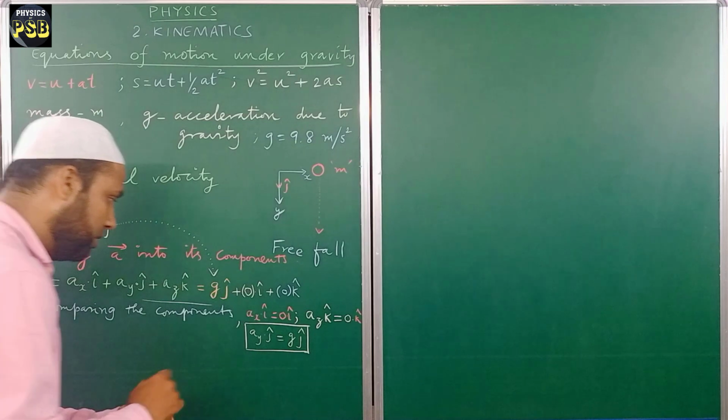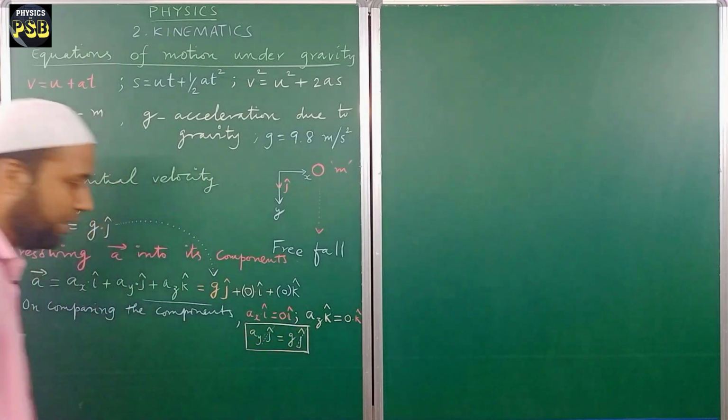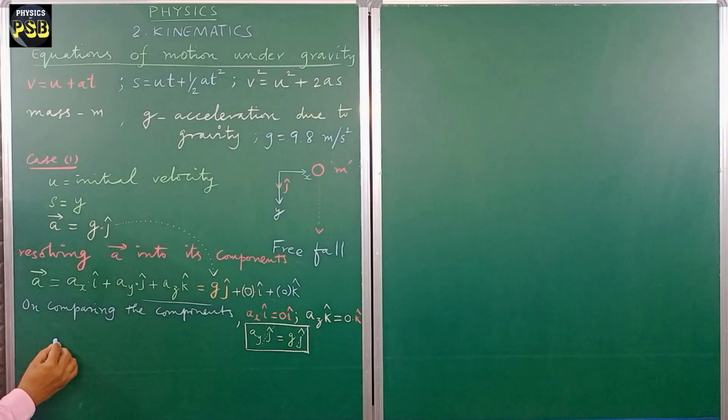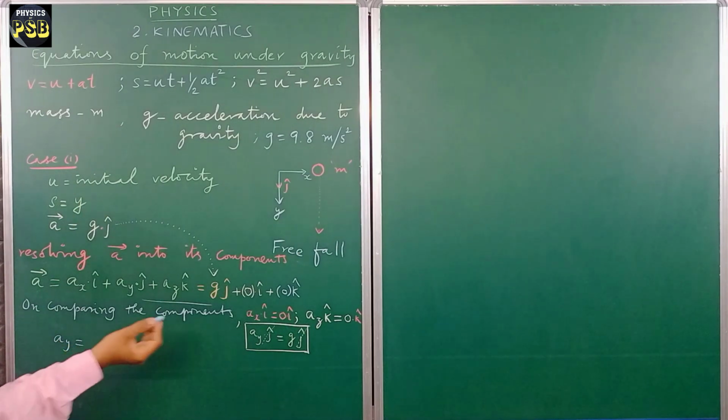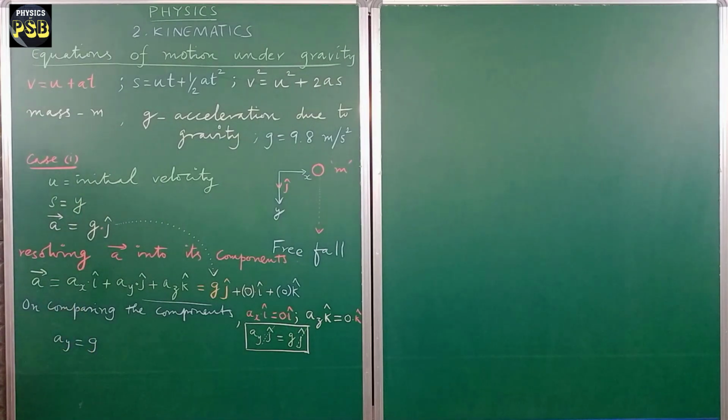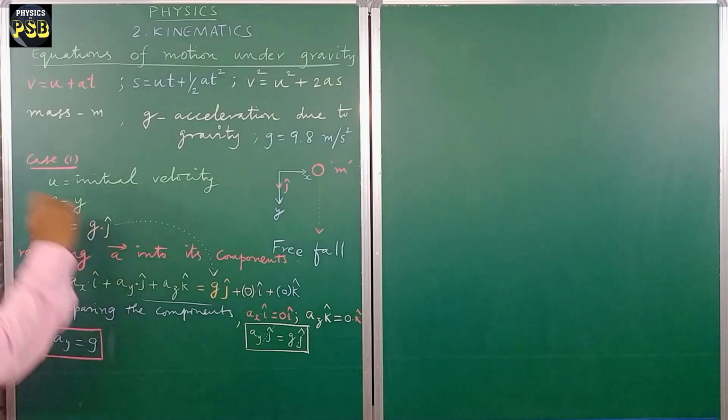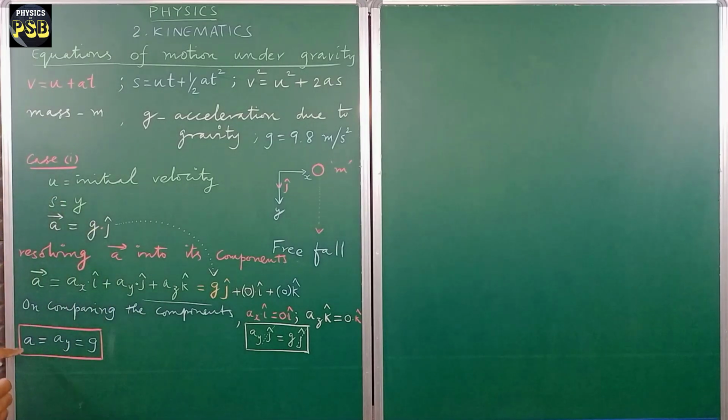Okay, here this and this will cancel, and what we obtain is nothing but this. Ay is equal to g, which is otherwise represented as a. So acceleration is nothing but g, the acceleration due to gravity. I box this for better visibility. I got the value of a.